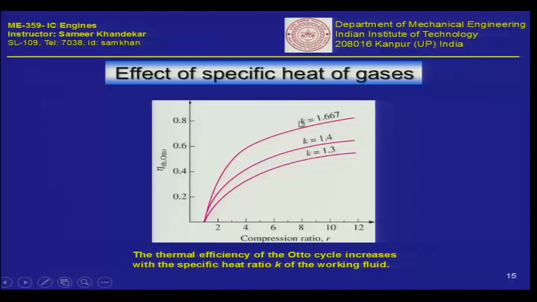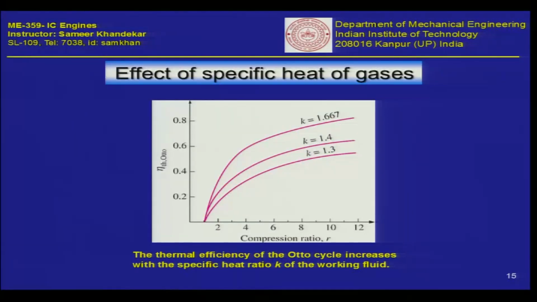So naturally, as the cycle goes in a real cycle, the specific heat of the intake air and of the mixture are all changing with temperature, and since the specific heats are changing, their ratio Cp upon Cv also changes. So you see that if the specific heat ratio K or the index of compression is higher, you get a better efficiency of the Otto cycle.